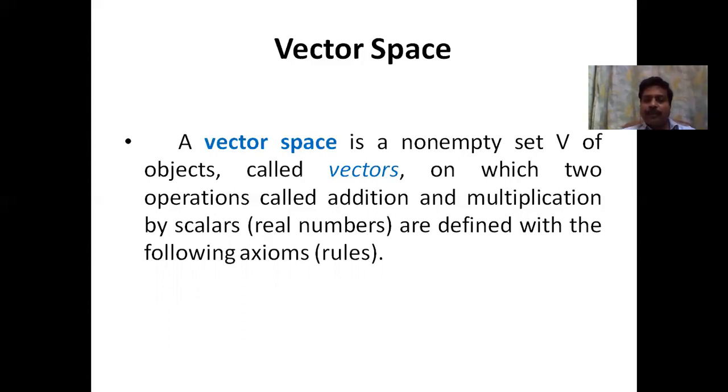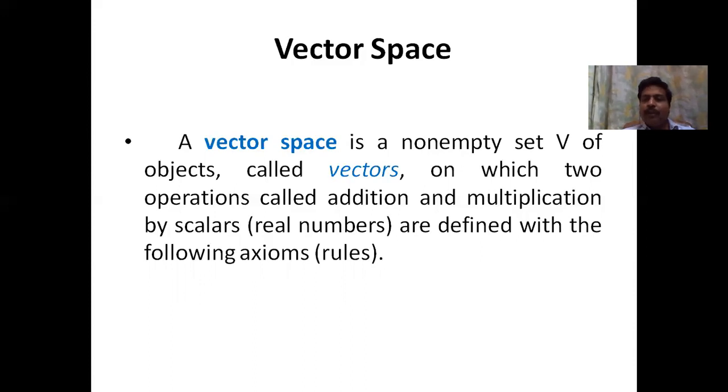So vector space is nothing but a set with some rules. Here we have two operations, one addition and another one is scalar multiplication. So this addition can be any sort of operation satisfying the conditions given below.